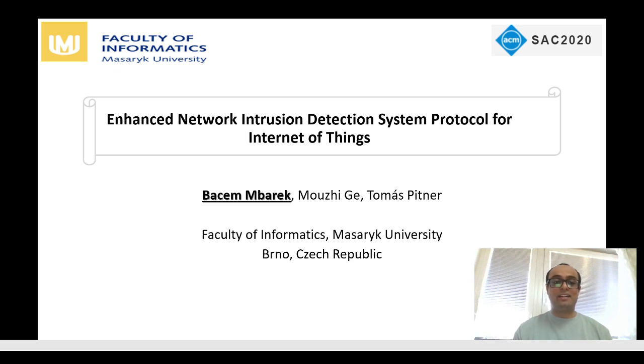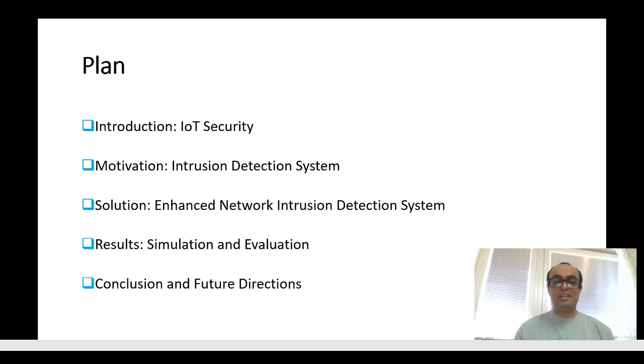Our paper is entitled Enhanced Network Intrusion Detection System for Protocol for Internet of Things, realized by me, by Muzi G and Tomasz Pittner. In this presentation, first I will start with a general introduction. I will talk about IoT security.